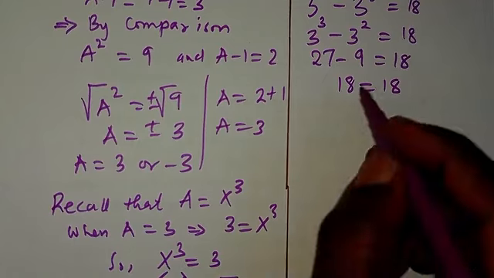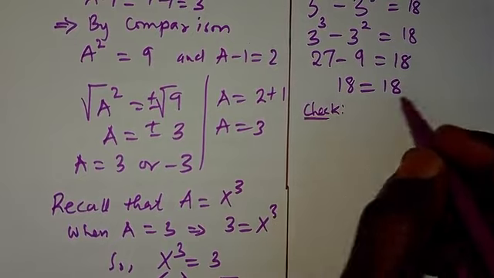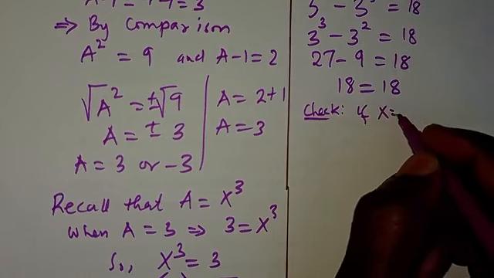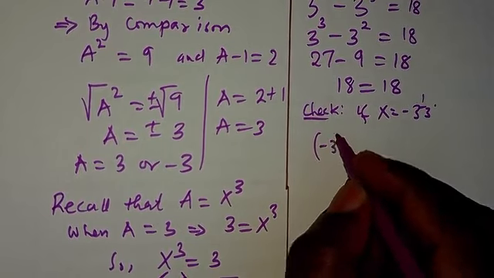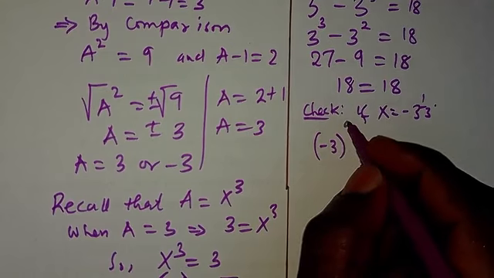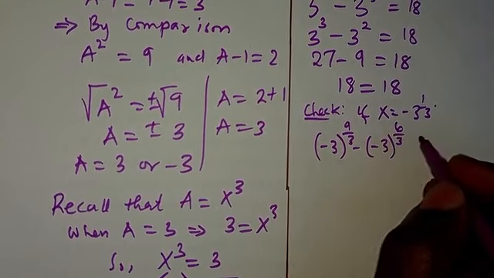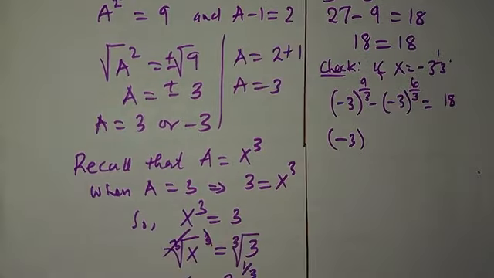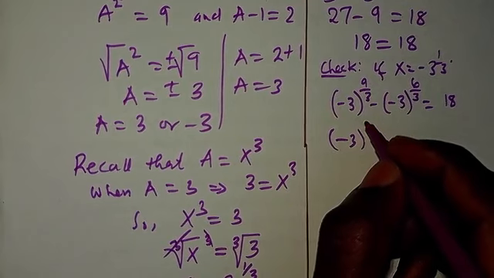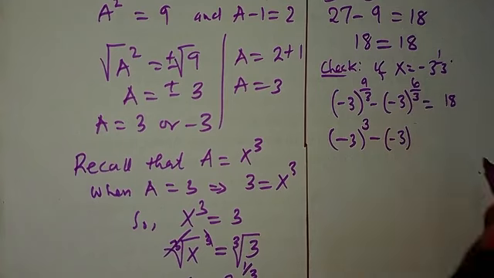So now let's check the second one. If x equals minus 3 to the power 1 over 3, the same thing: minus 3 to the power 9 over 3 minus minus 3 to the power 6 over 3 equals 18. 9 divided by 3 gives us 3, and 6 divided by 3 gives us 2.